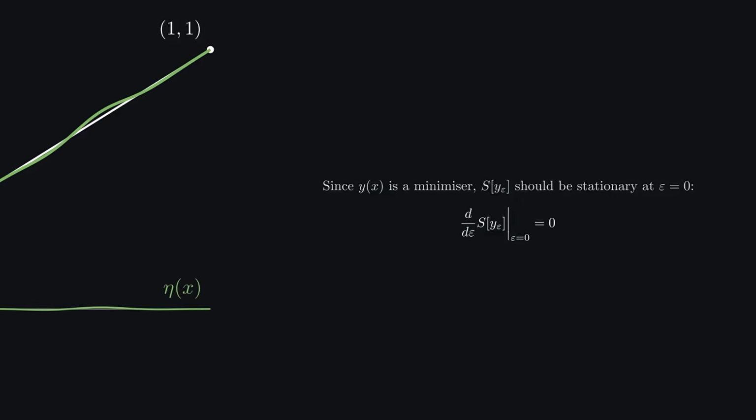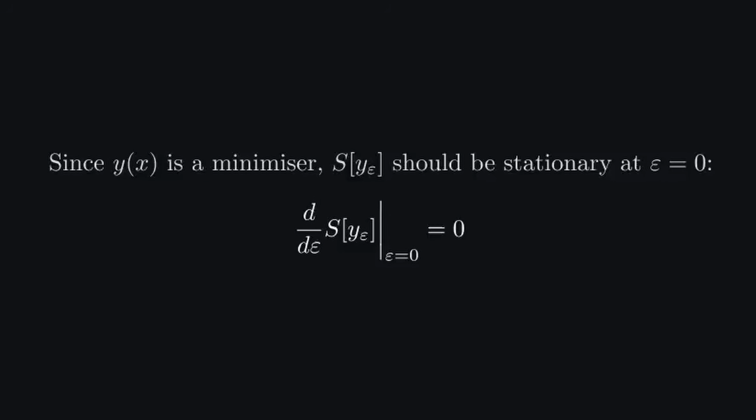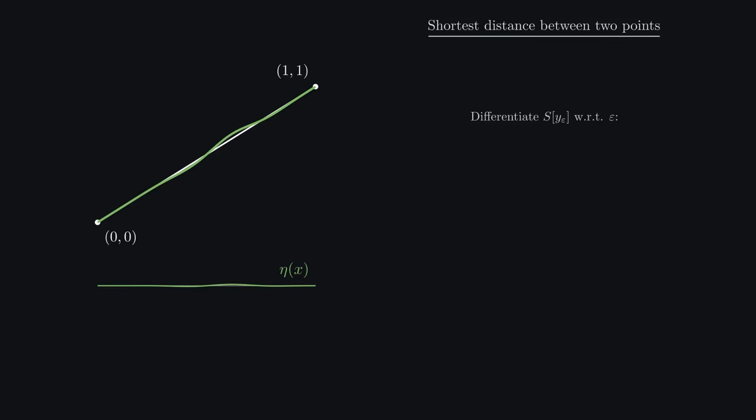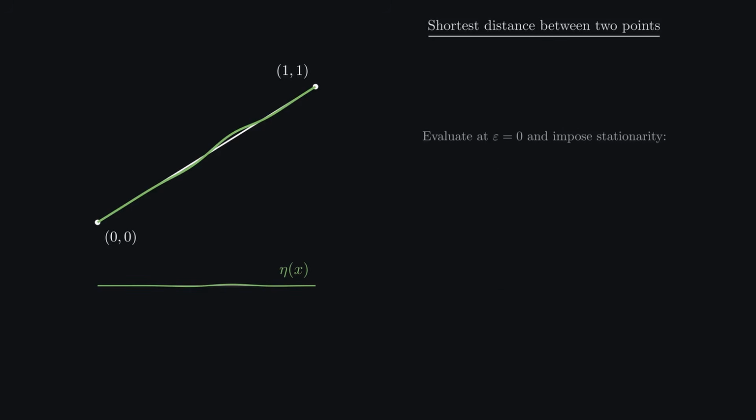The derivative of this functional, evaluated at epsilon equals 0, should be 0. If we perform this operation, taking that derivative inside the integral sign and using the chain rule, we then get something like this. Evaluating this at epsilon equals 0 and setting that expression equal to 0 should give us the stationary path.